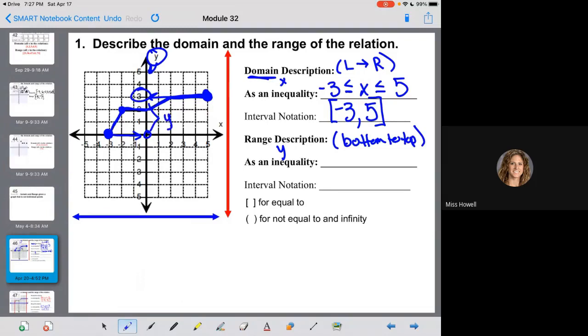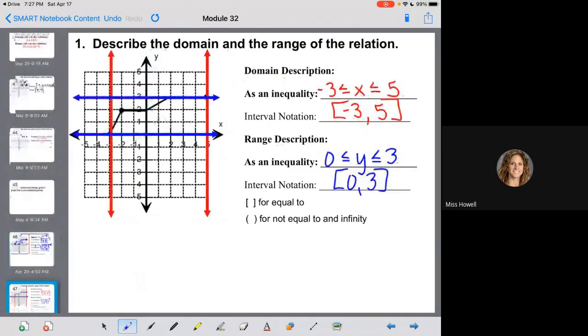And again, since these are closed in at 0 and 3, it could be equal. So it starts at 0, goes up to 3, and it could be equal to. The way we would show that is 0 is less than or equal to y, which is less than or equal to 3. So our interval, again, we should have brackets because it could be equal to our 0 and our 3. So our y values start at 0 and go all the way up to 3. And so it would look something like this.